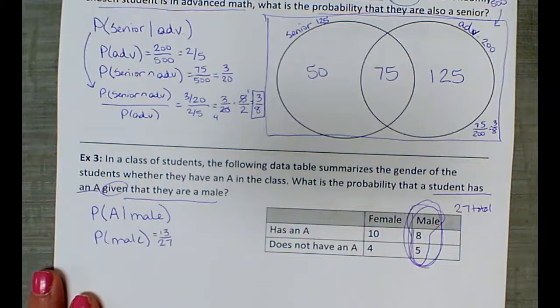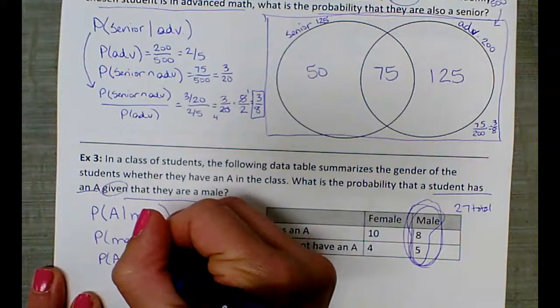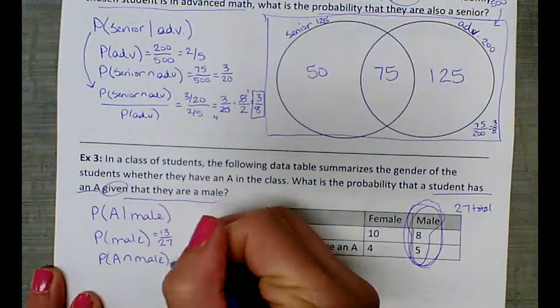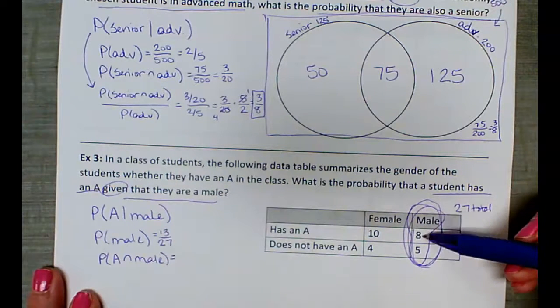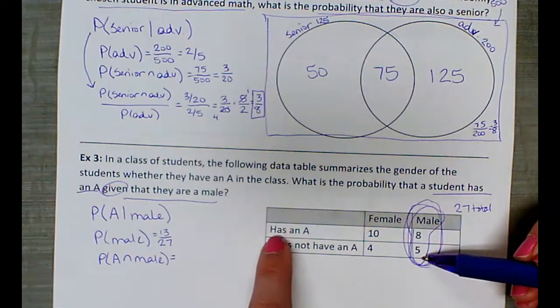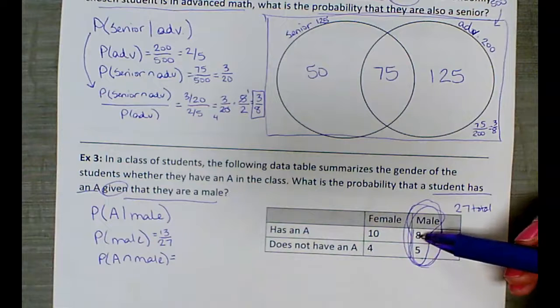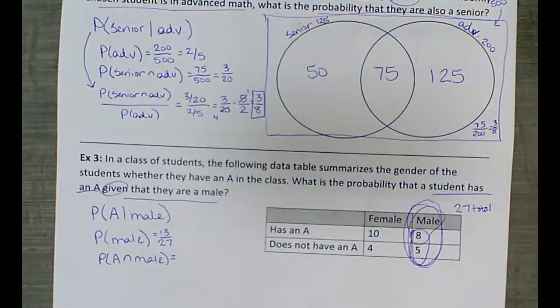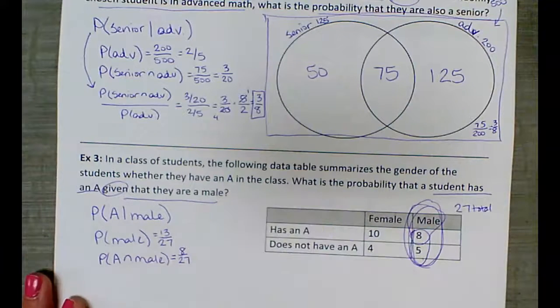Now step 2 is to find the intersection, so the probability that your student is male and earning an A in the course. So here's the number of male students, here's the number of students that have an A in the course. The number that overlaps is this one right here. And so that's 8 students out of 27 students.